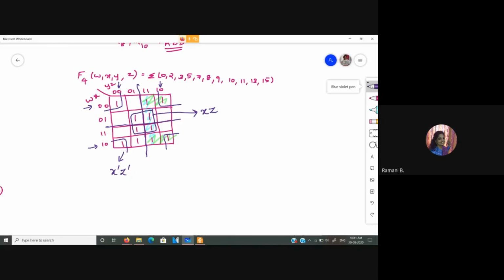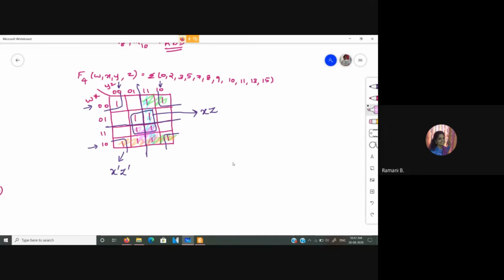Okay? And in a similar way, for this particular one, that is for M9, you can have two possibilities of the quad. Either this quad, that is the orange highlighted quad, or I can have this one, that is this pink highlighted quad.